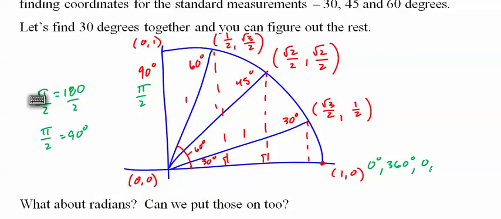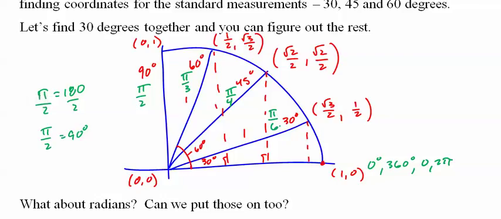So that makes it 0 and 2 pi radians, because once around is 2 pi radians. Half of pi over 2 is right here, it's pi over 4. And with the same process of converting radians, get pi over 3 and pi over 6.